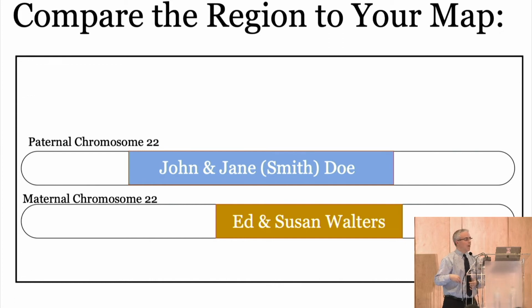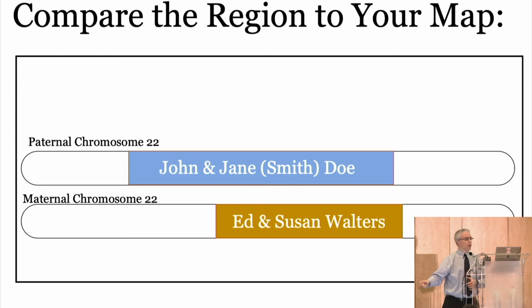So here, on my paternal chromosome, I've assigned a huge piece of DNA to my ancestors, John and Jane Smith Doe. That was on the basis of finding another descendant of John and Jane Smith Doe and figuring out we share this large piece of DNA on my paternal chromosome at this location. I also have a smaller piece of DNA that's mapped on my maternal chromosome.